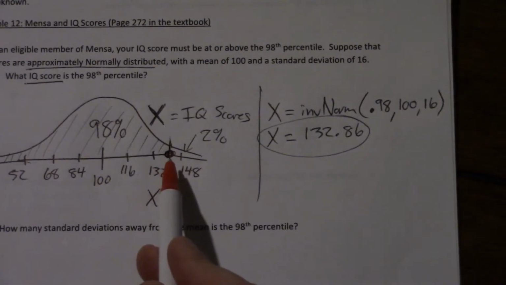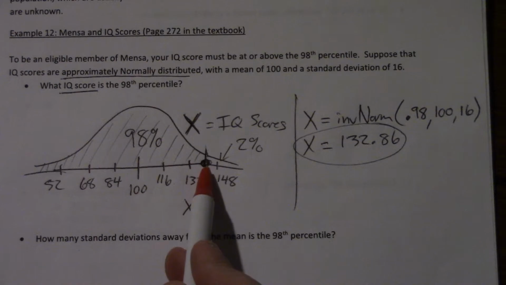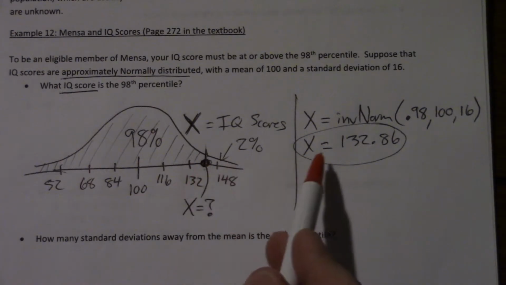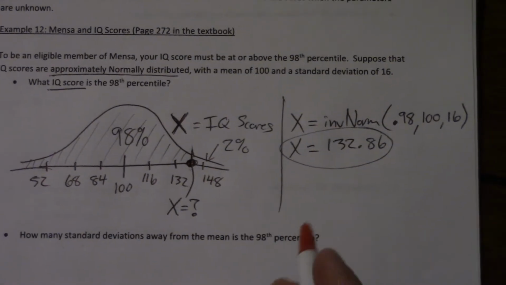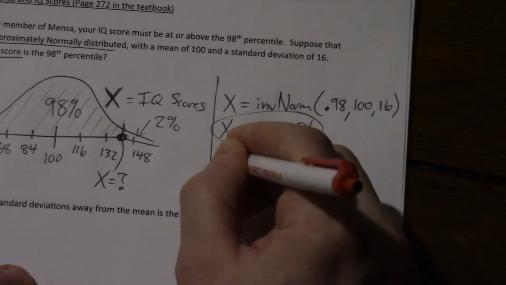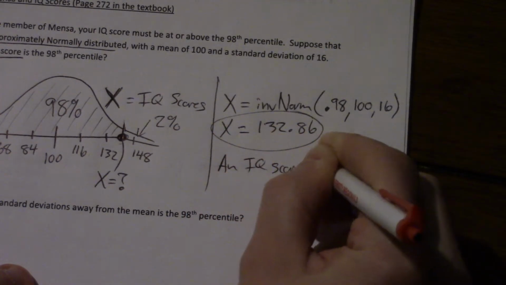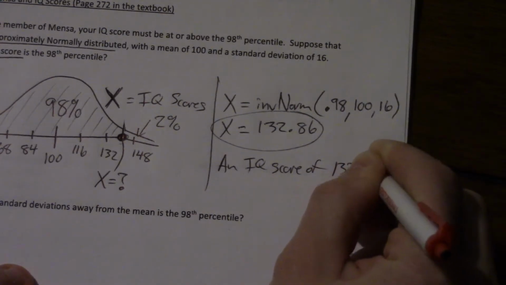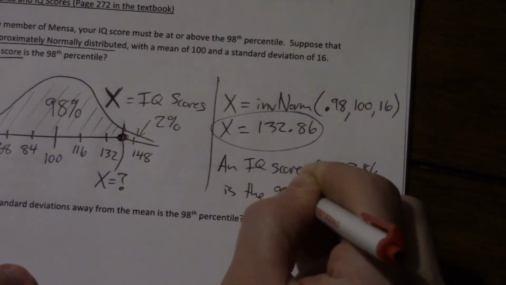And just maybe because I've done this problem before, but where we guessed this point lived is actually pretty close. It's a little bit above 132. Okay. So what IQ score is the 98th percentile? An IQ score of 132.86 is the 98th percentile.